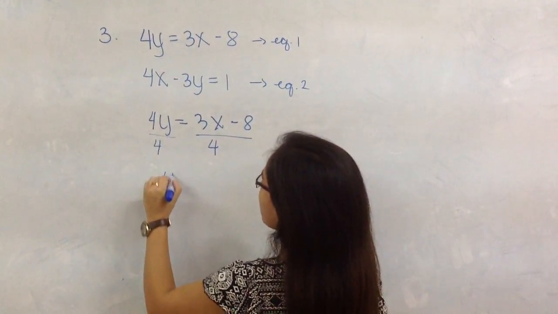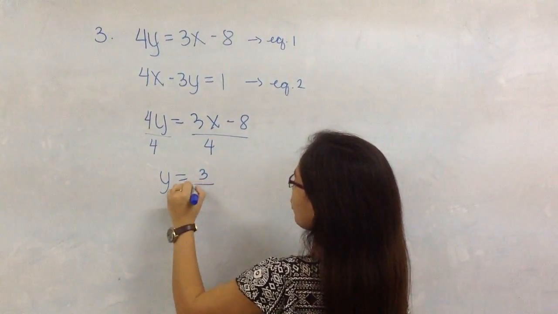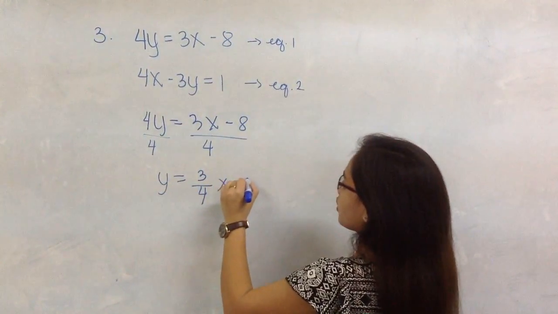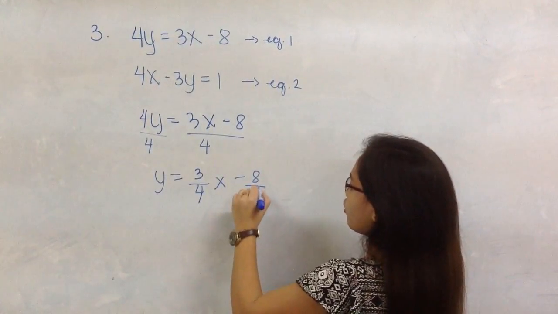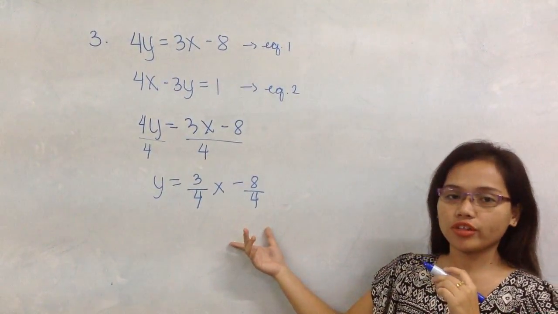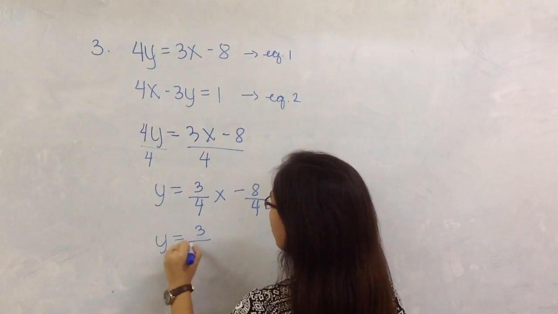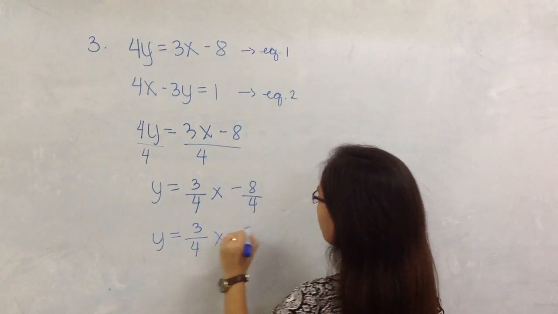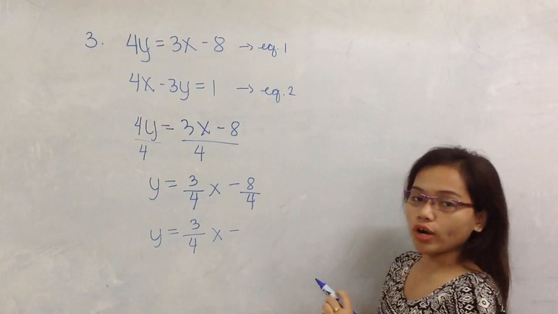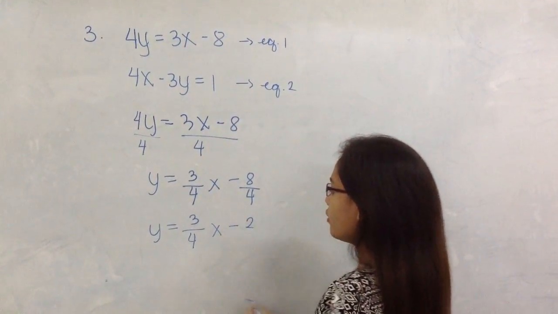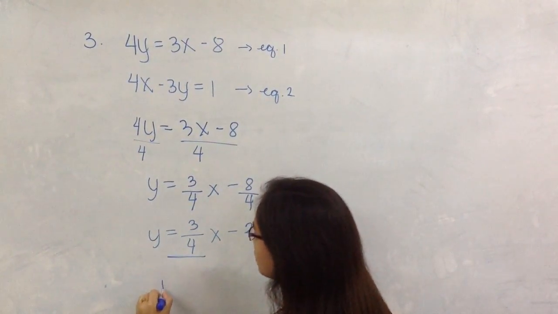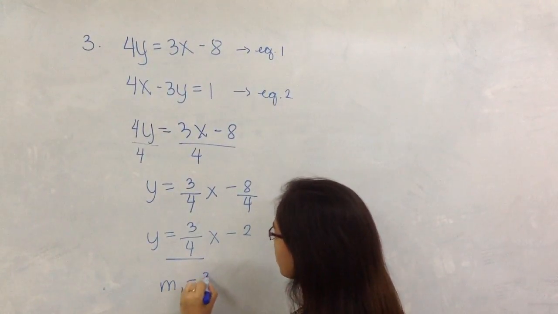So y becomes 3 over 4 x minus 8 over 4. To simplify further, it becomes y equals 3/4 x minus 2, since 8 divided by 4 is 2. Therefore, our slope is 3/4.